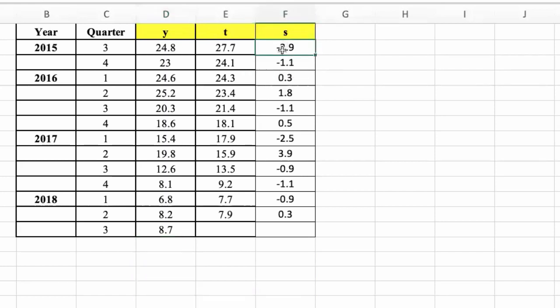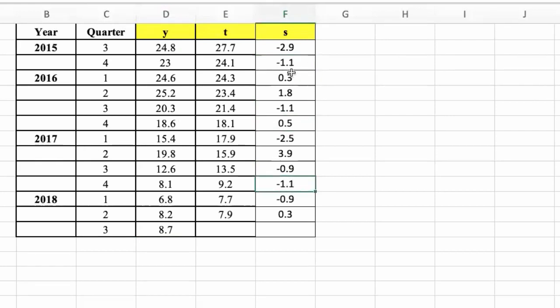So this seems pretty inconsistent. For example, quarter 3 has a negative 2.9, and the quarter 3 in 2016 has a 1.1. If we look at all the quarter 3s, they're different numbers, but the good thing is they're negative. If we look at quarter 4s, they're also negative. This one is positive here, actually, and this one is negative.